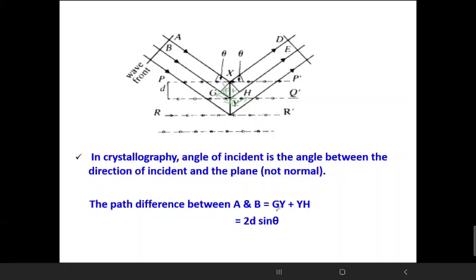So GY is equal to d sine theta, and YH is also d sine theta. So the path difference is 2d sine theta. Do you understand this? If you have any doubt, you can ask. 2d sine theta, that is the path difference.